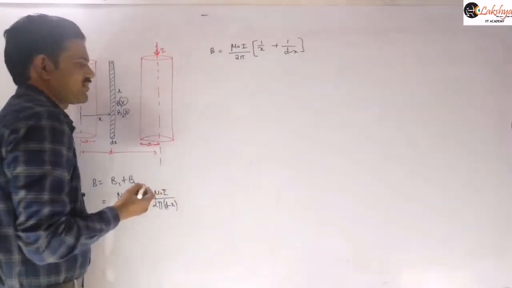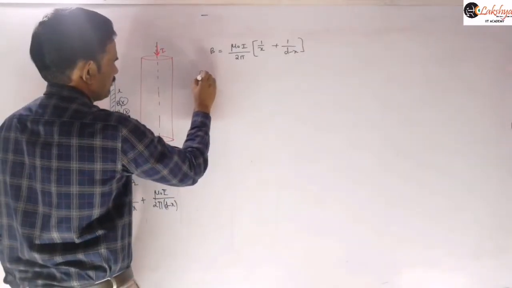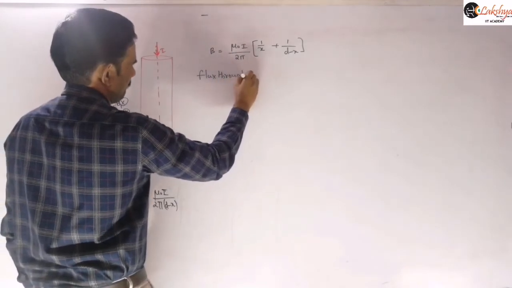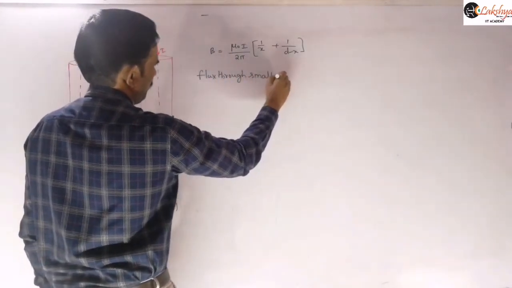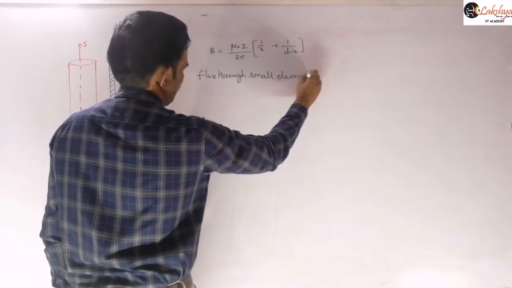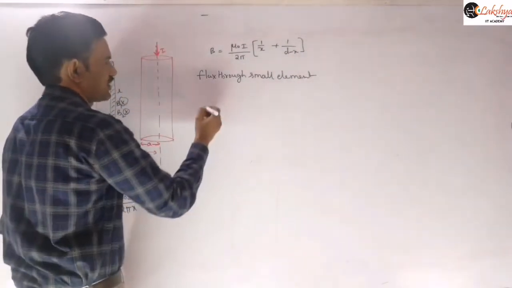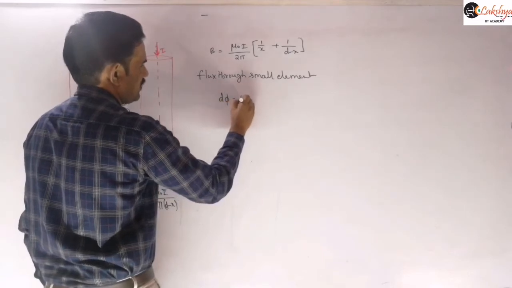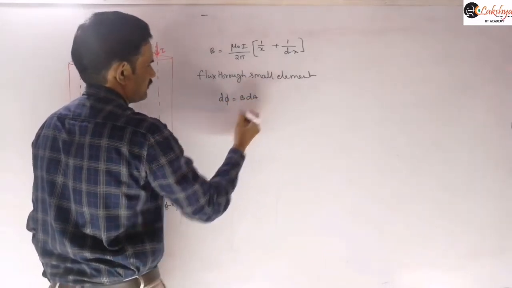And so now let us write the flux through the small element here. Flux through the small element means we can write dφ is equal to B into dA.